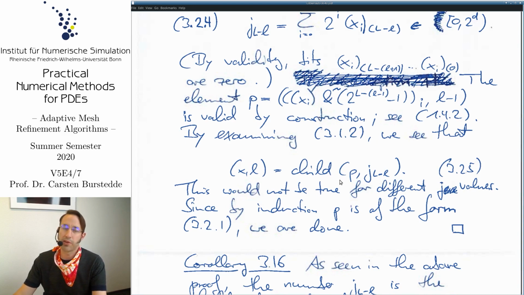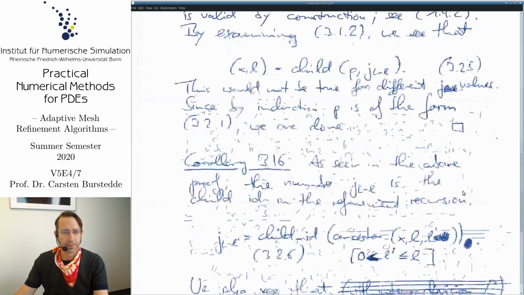So in one go we have proved the conclusion and we have proved uniqueness, since for any other j that is not j big L minus little l, we get a sibling of xl and not xl itself, which means there's really only this one L, and this holds inductively. So the sequence of j's is unique, which finishes the proof.